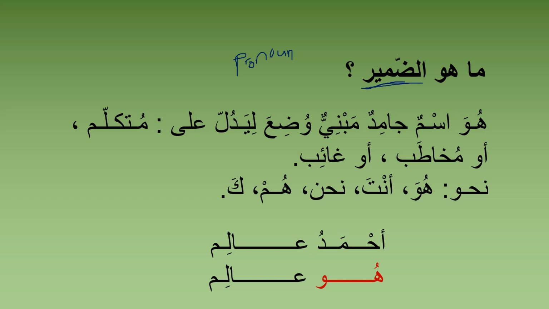So I believe we all know the meaning of noun. We are familiar with noun, right? So pro is a Latin word which means a substitute, an option, another option for noun, a substitute of noun.